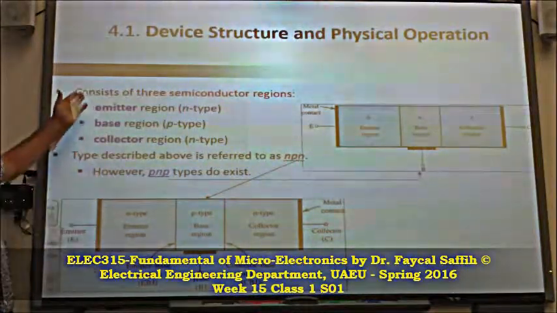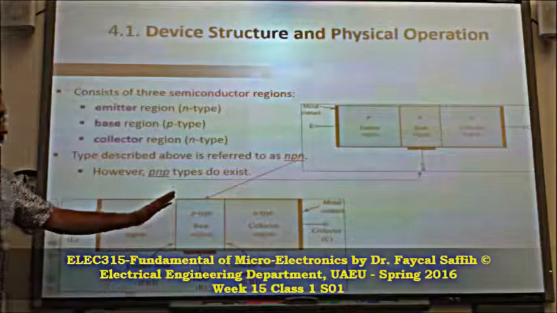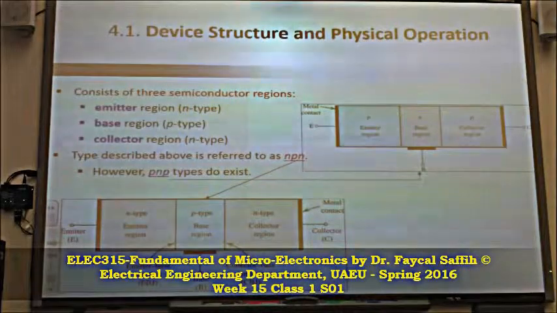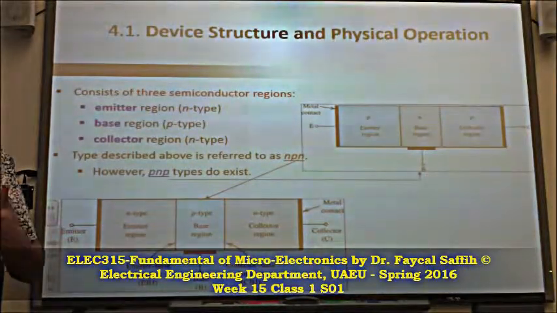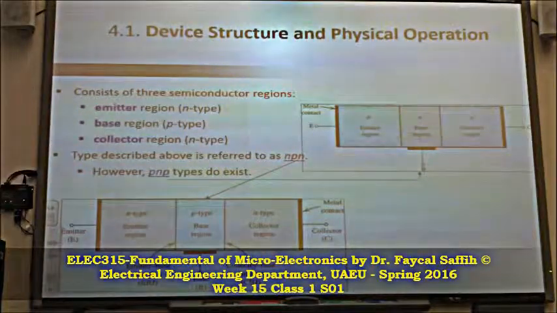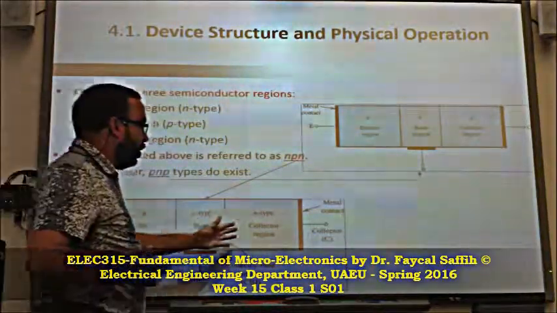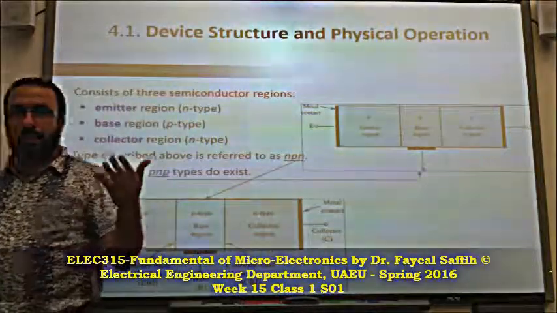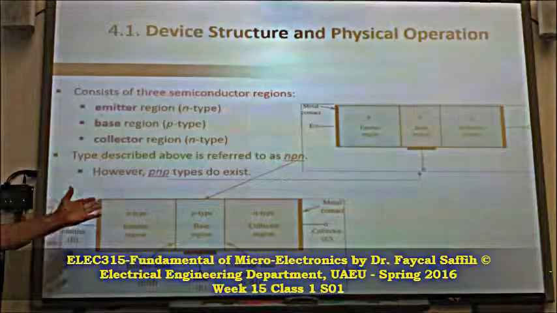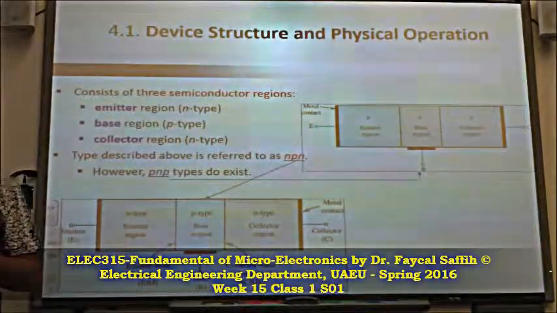This is the difference between the BJT and the MOSFET in the physical view, meaning how it looks. This is not symmetrical. This is just a sketch of the device. When you see the physical structure next, you will see that it's not symmetrical. This region is not symmetrical to this region.